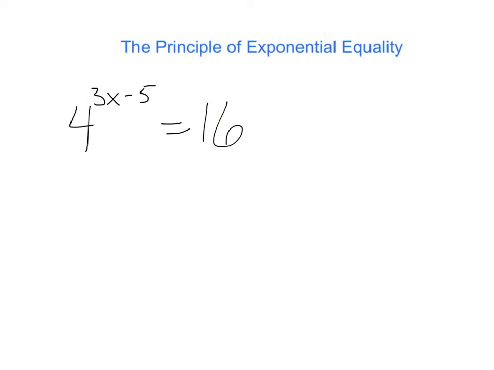I'm not going to mess with the left-hand side here, but I'm going to rewrite 16 as 4 squared. Since the bases are the same, we can set the exponents equal to each other and solve this equation.